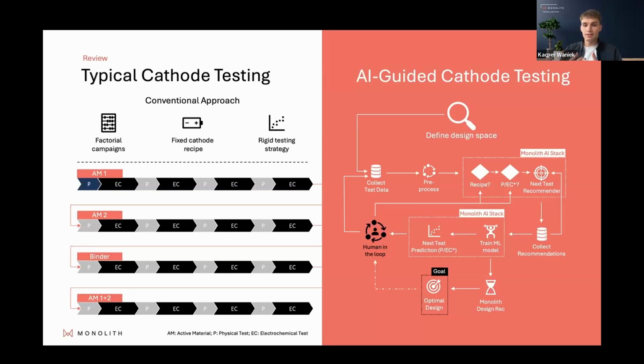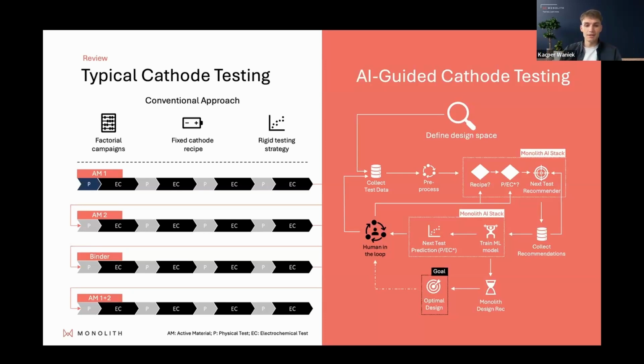And as we iterate, AI continuously retrains on new data, as I've just mentioned with active learning, refining its predictions, and ultimately guiding us towards an optimal design, with a human always in the loop to make these informed decisions.